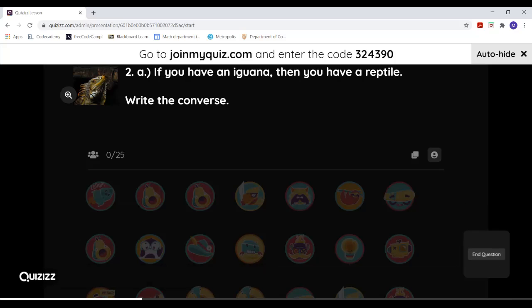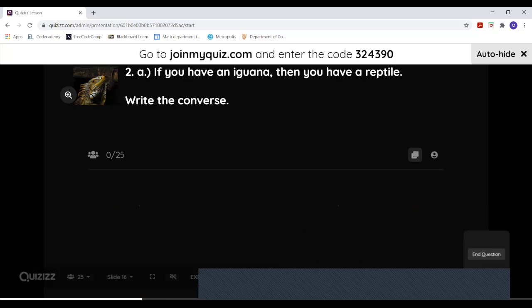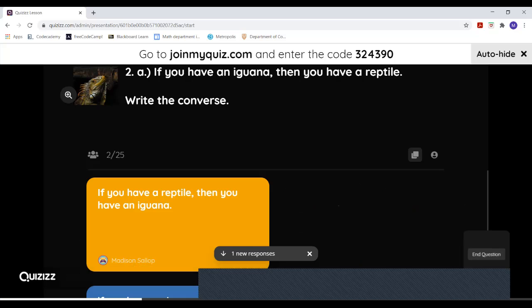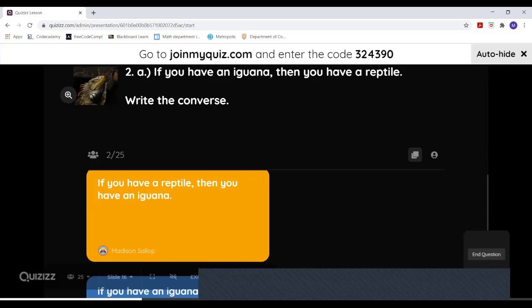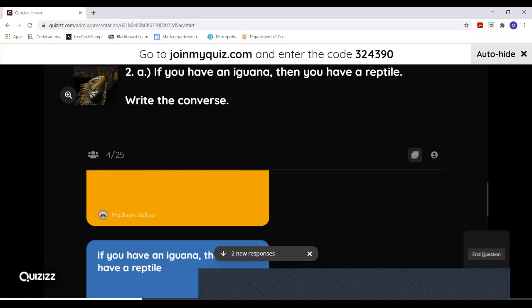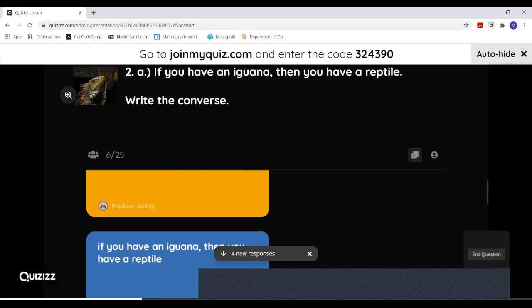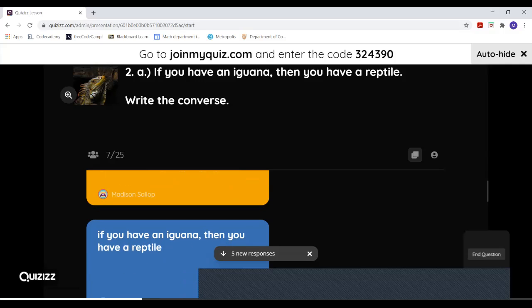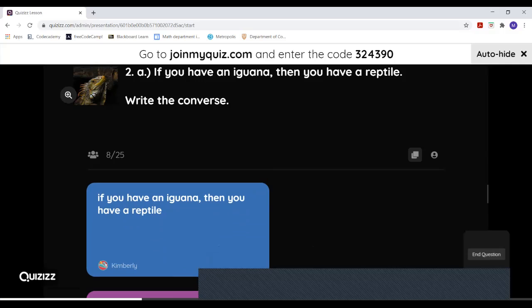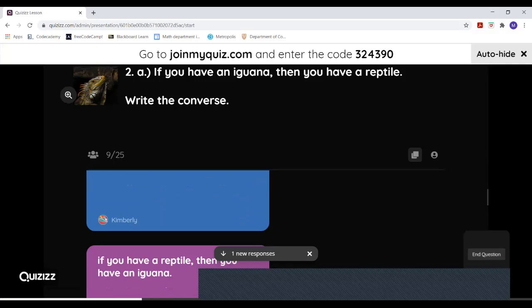So what is the converse? Smelly pair of sneakers, something like that. Converse is, I'll give you a hint, it's got the con, it's got the swap. So it's like the statement, but we want to swap things. Oh, it looks like somebody is getting it. So we want to swap those. If you have an iguana, then you have a reptile is the original statement.